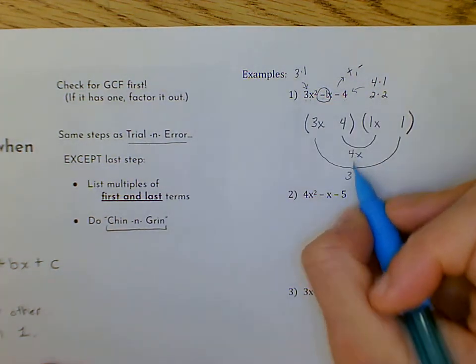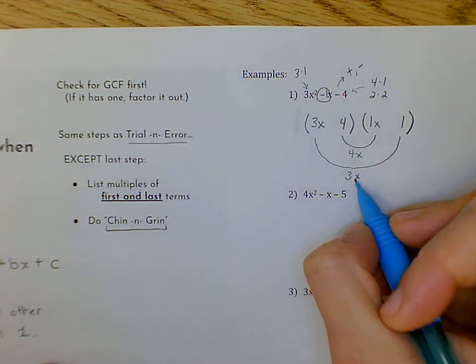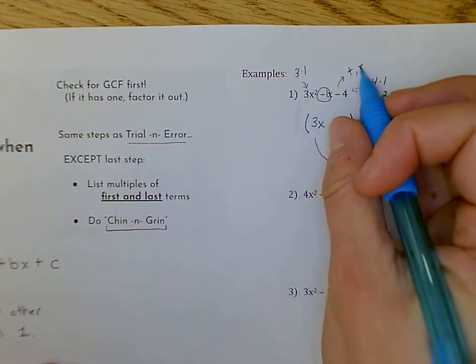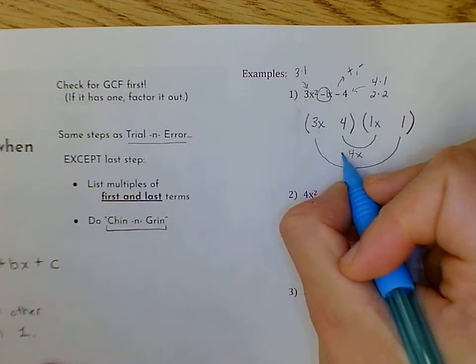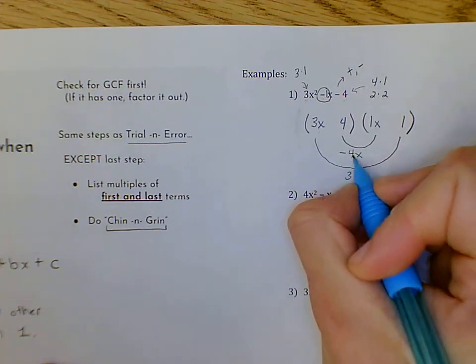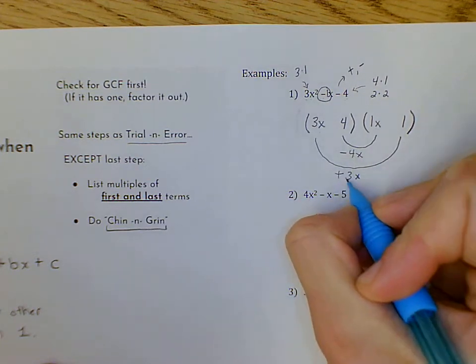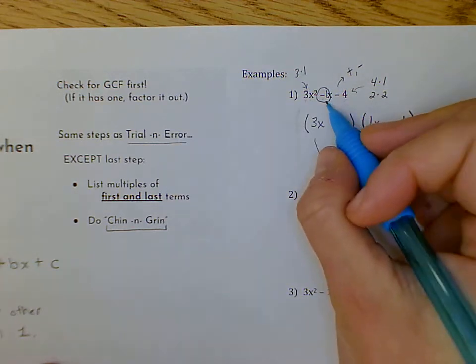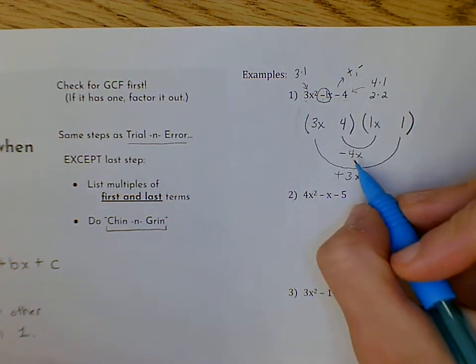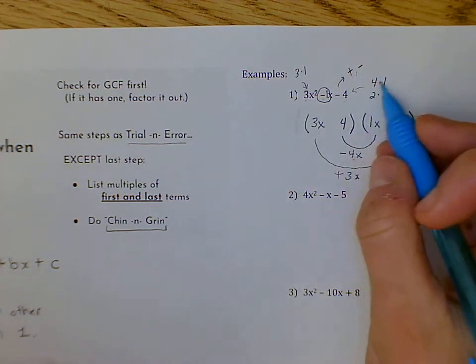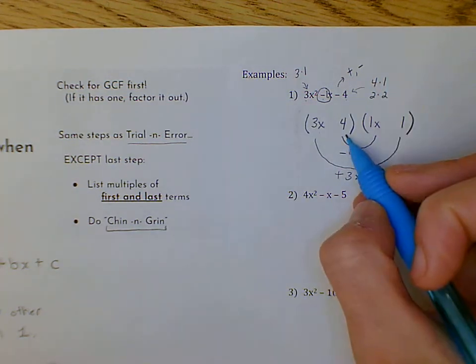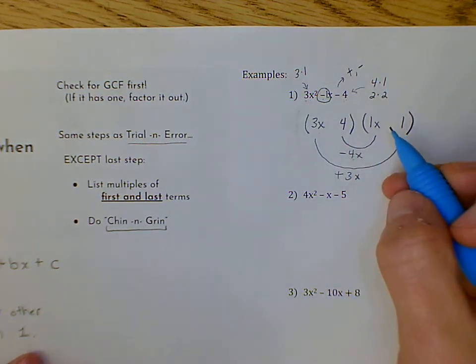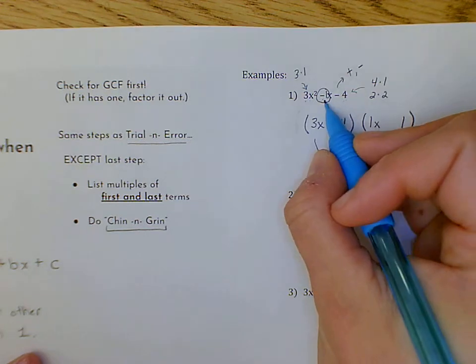Well, is there a way I can combine these to get -1? Well, if they have different signs, if I put a negative with the 4 and then a positive with the 3x, -4 plus 3 gives me -1. So that means that I actually guessed correctly with the first thing that I plugged in. Because these will combine to give me -1.